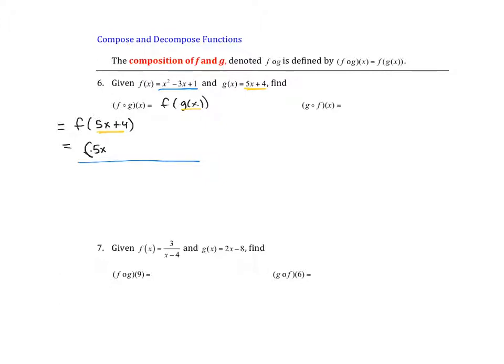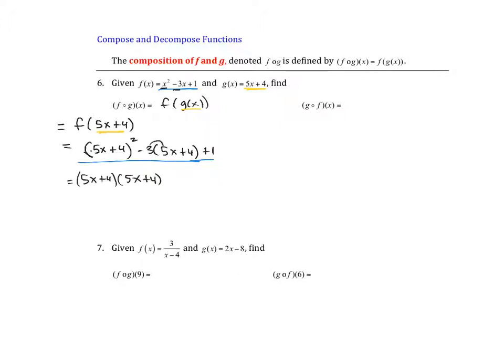Okay, so let's see how that works. We'd get 5x plus 4, and then that needs to be squared from right here, and then we say minus 3 times x, but now our input is 5x plus 4, and then plus 1. So that whole thing is f of g of x, and now we need to simplify it. So we'd get 5x plus 4 squared, so you have to multiply that times itself.